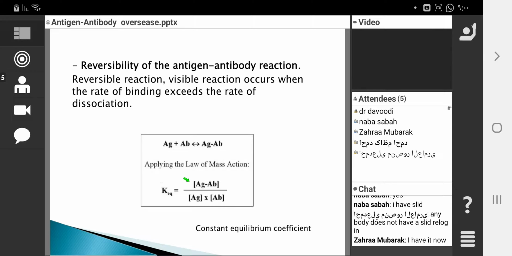So if we have more antigen-antibody complex in the reaction, the equilibrium constant will be more or less?